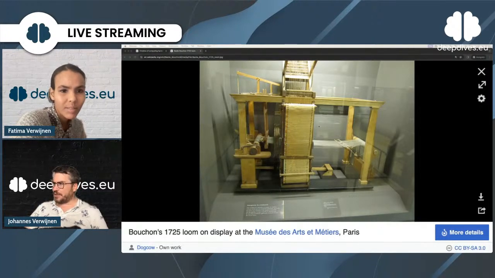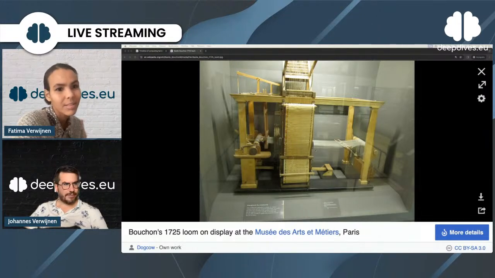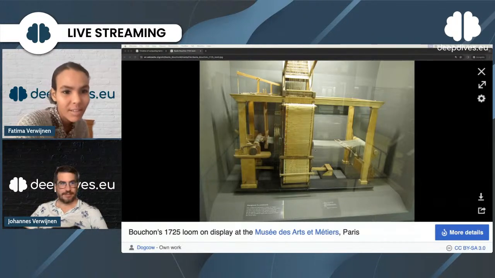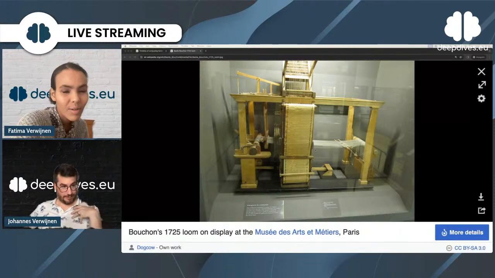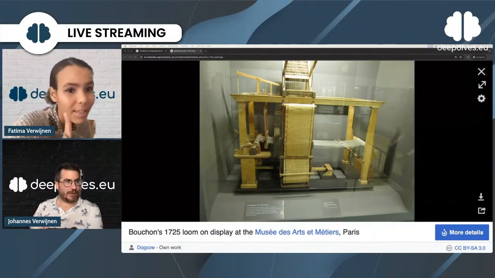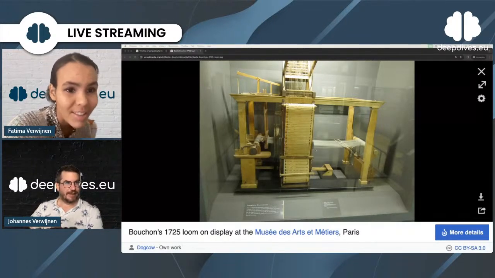Where else have you seen these kinds of papers with holes in them? I think this is related to computing. It's obviously the punch cards. Don't go there yet.